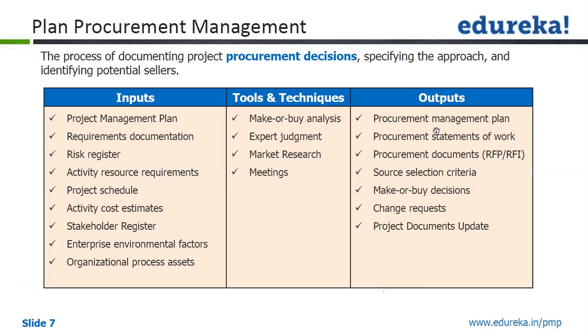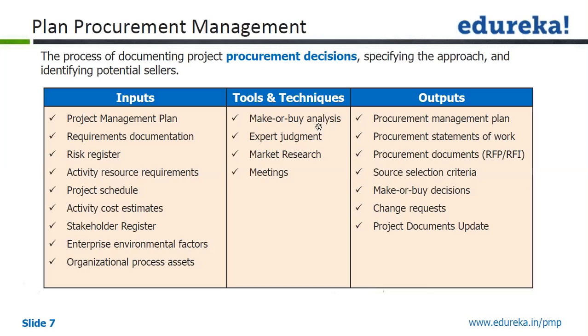So we'll go ahead and issue a request for proposal, request for information, the procurement documents. That will be the outcome of this. Source selection criteria: we'll have the selection criteria based on various characteristics that will be detailed out or documented.